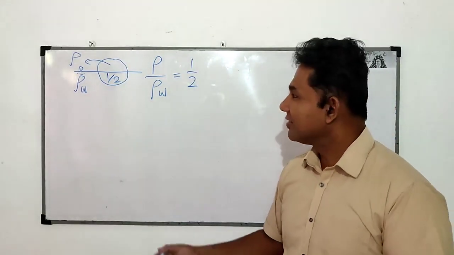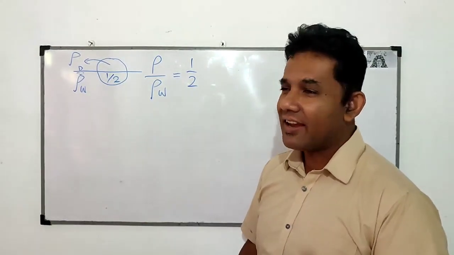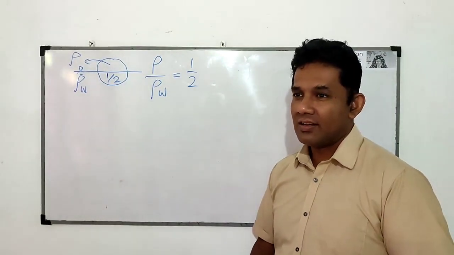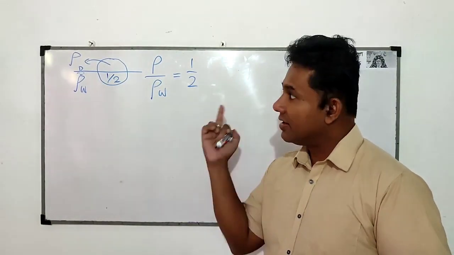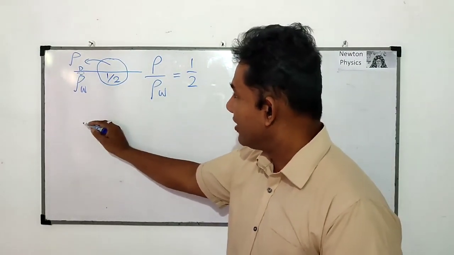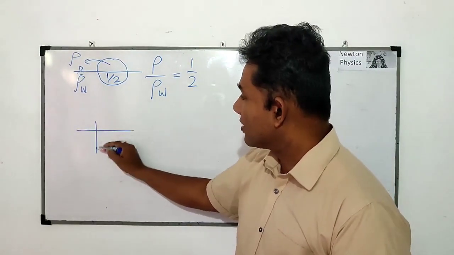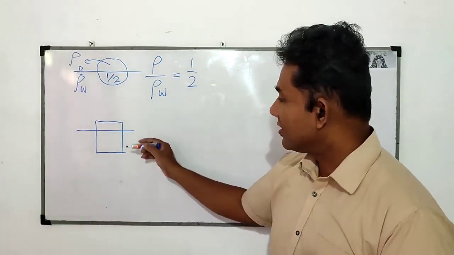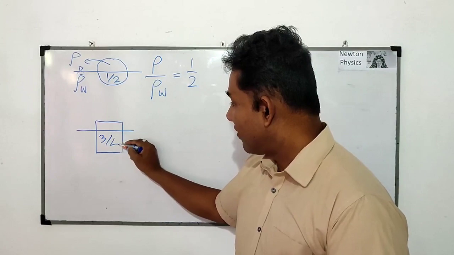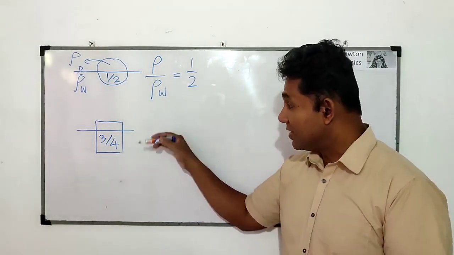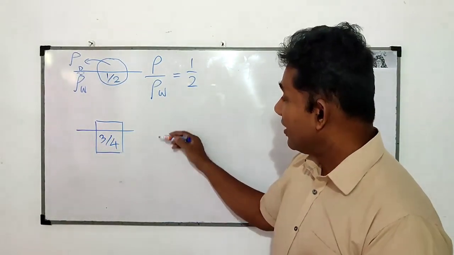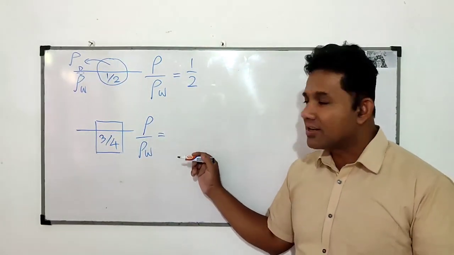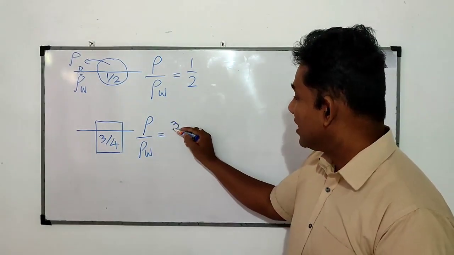Think of another one. Sometimes you may think this is very easy. Actually, it is very easy, but I need to give a secret method in the next part. Now think that this block floats freely in water with 3/4 of its total volume immersed in water. Then rho divided by rho w, that means relative density or specific gravity, is 3 divided by 4.